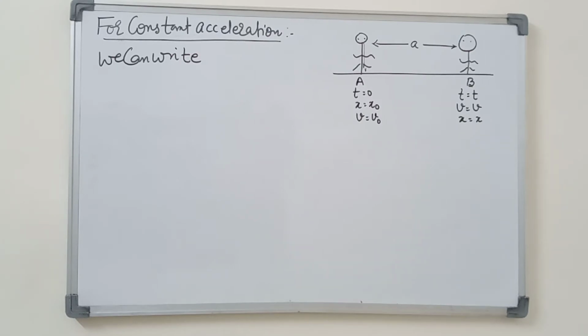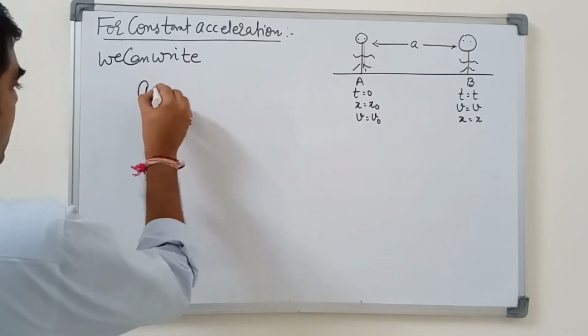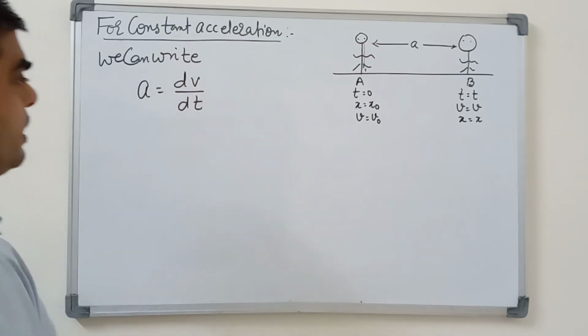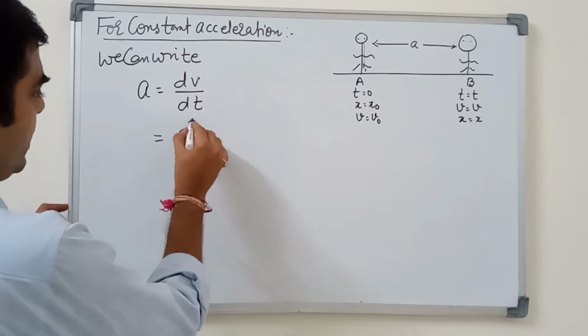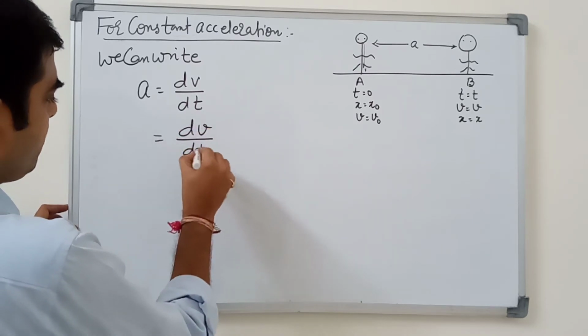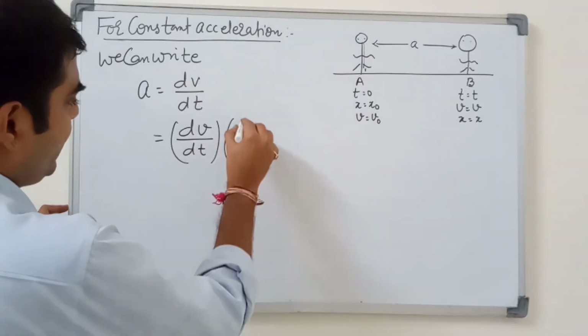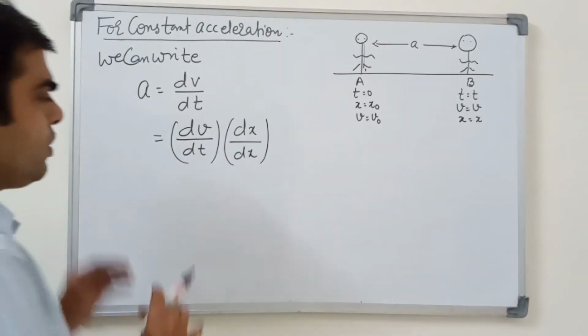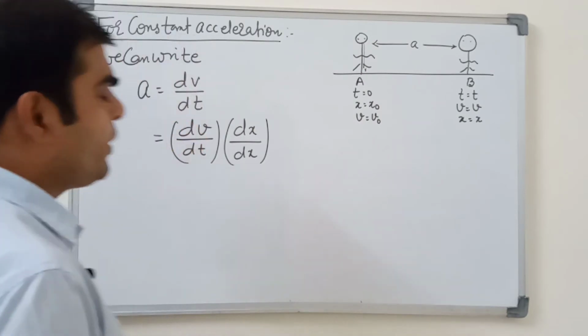The value of a is equal to dv upon dt. It is the instantaneous velocity. We multiply the numerator and denominator of dv upon dt by dx upon dx. The numerator is not changing, only the denominator is changing.